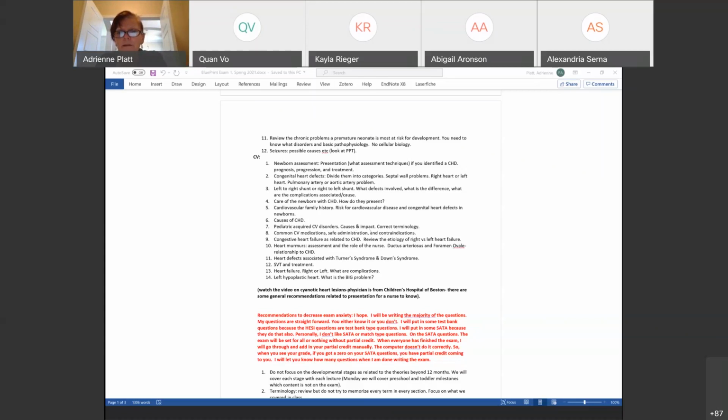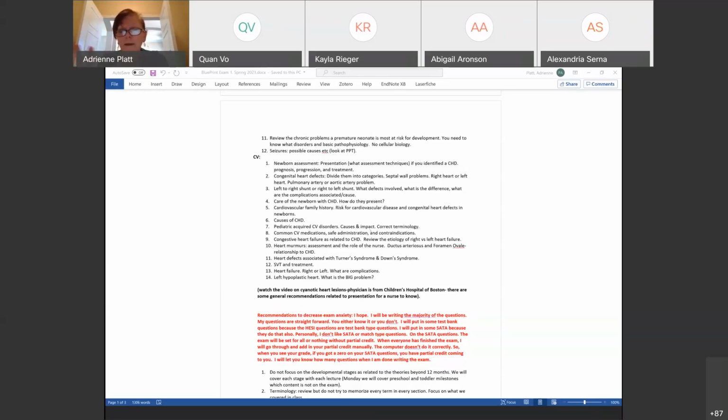Acquired cardiovascular disorders: rheumatic heart disease. They get rheumatic fever because their strep throat wasn't treated, and they can have heart disease because of it. Scarlet fever has nothing to do with the heart; they have strep throat, and they get a rash on their chest.